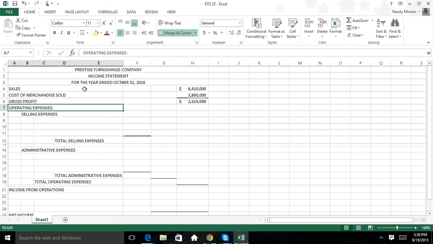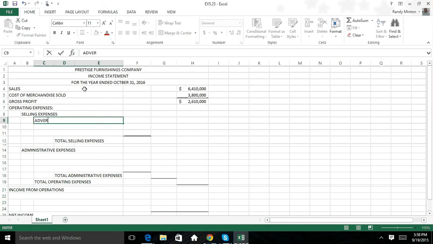Now, after we've done that, we go to the operating expenses and we start out with selling expenses. And they've just given us a single number here of $715,000. But what would this be? Well, it'd be like advertising, promotion, sales salaries, for instance, and maybe other things.